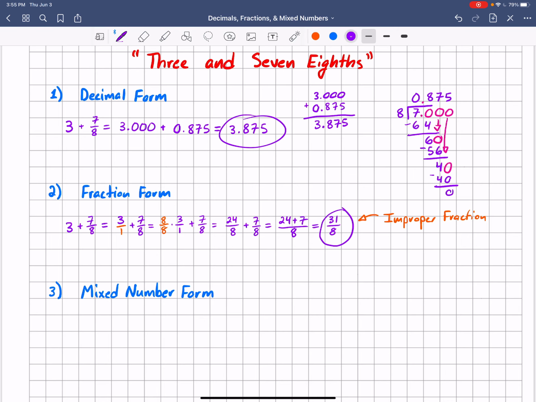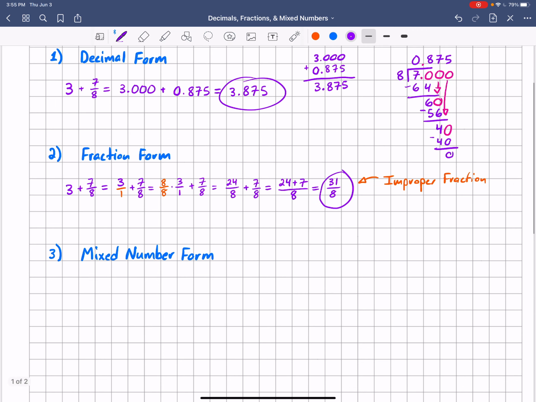Okay, so the final conversion, this one will be a pretty quick one, is mixed numbers. And mixed numbers are very nice because they follow the way that we speak pretty straightforwardly. So when we say we have 3 7/8, we can write that as 3 plus 7/8.